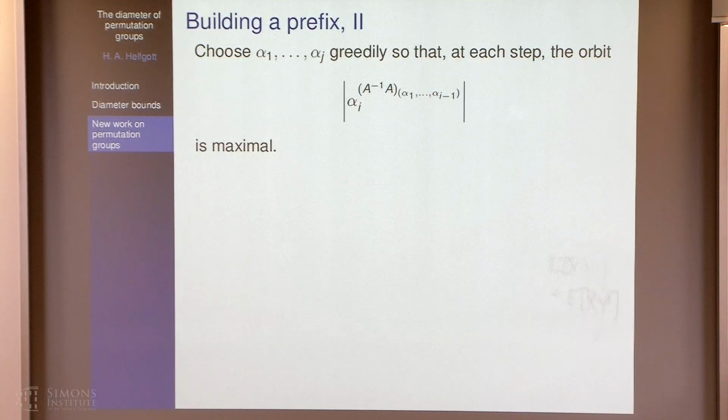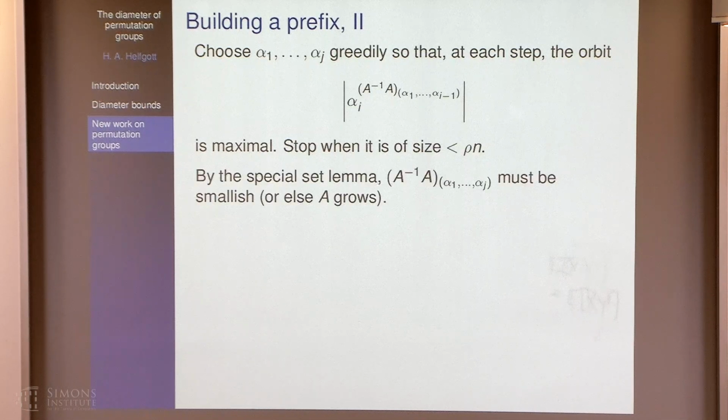So after stabilizing a few points, things are broken down a little, but you still have a very long orbit, so I pick a point in that orbit. Or rather, I choose to fix a point so that the orbit is still large. Then eventually things are going to break down. So we stop when there is no long orbit left.